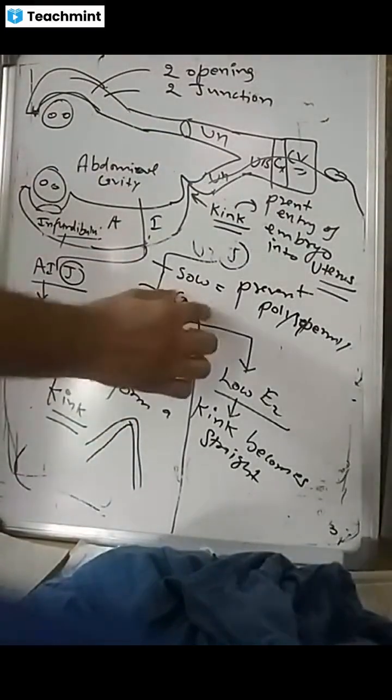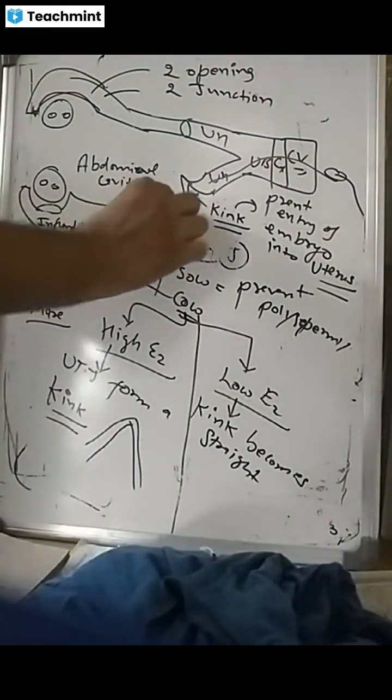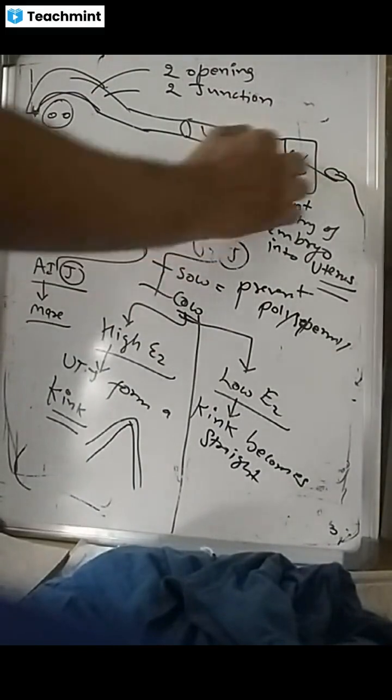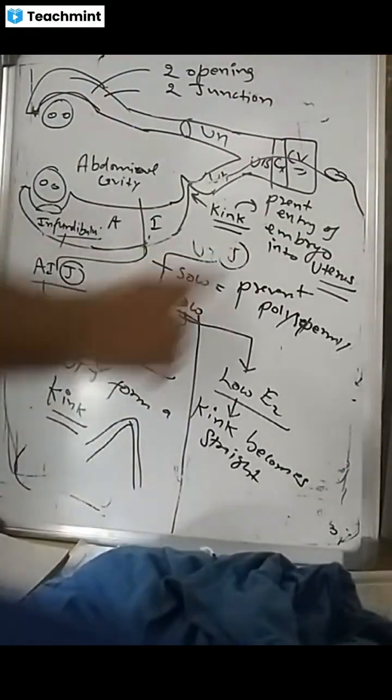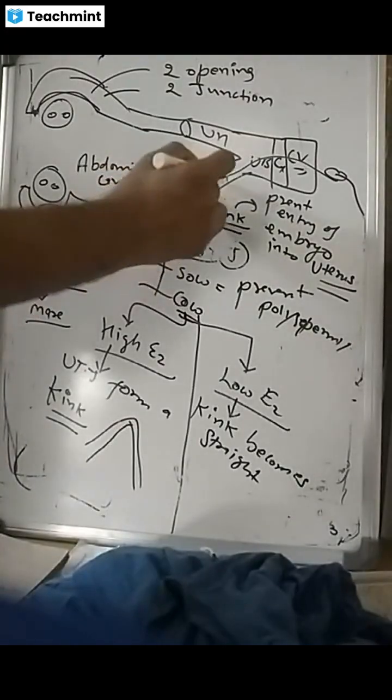Under high estradiol in case of cow, it forms a kink or band. Here is the fertilization, the embryo is formed. It does not allow the embryo to enter here. But when there is low estradiol, this kink becomes straight, and it allows the embryo to enter.